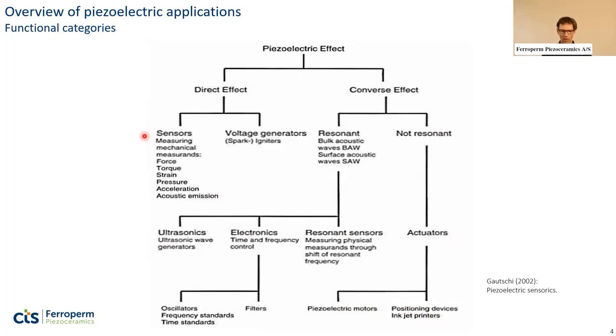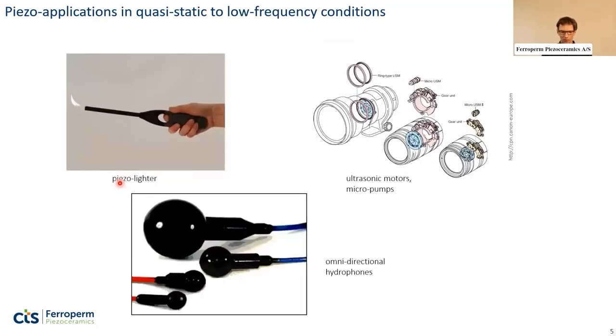At the other end, using the direct effect, you have a lot of sensors that are non-resonant, like force, torque and acceleration sensors. To begin with, you have the simple application that I mentioned before, the piezo lighter, where you generate a spark to ignite the gas. This is at a rather low frequency, and whenever relevant, I put the operating frequency at the top of the screen.